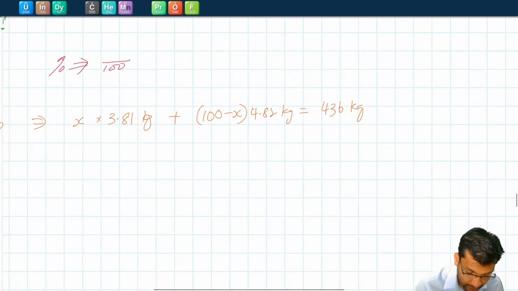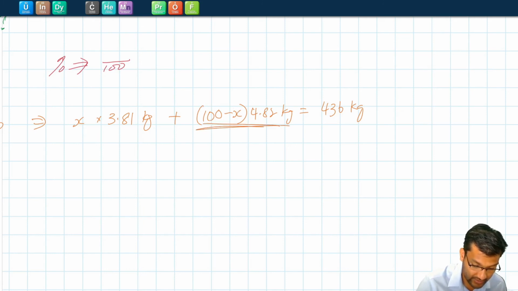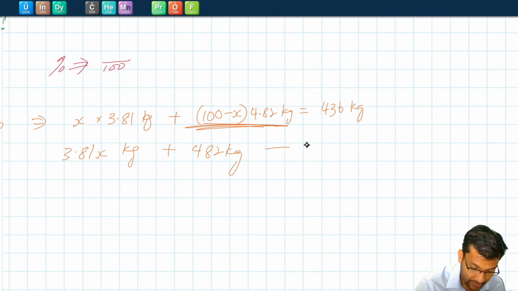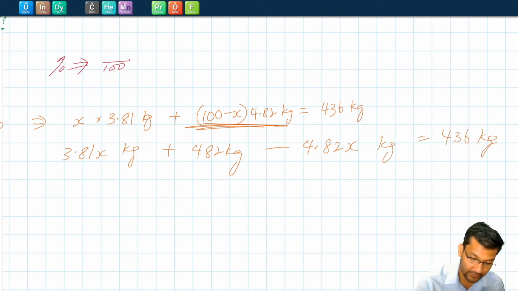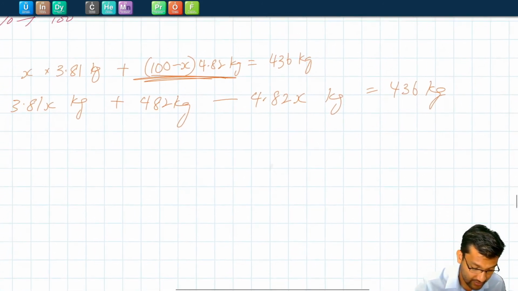Okay. So again, we can expand out this bracket. So 3.81 times X kilograms plus 100 times this would be 482 kilograms minus X times this would be minus 4.82 times X kilograms is equal to 436 kilograms. Let's keep all the X on one side and put all the things that are not X on the other side.